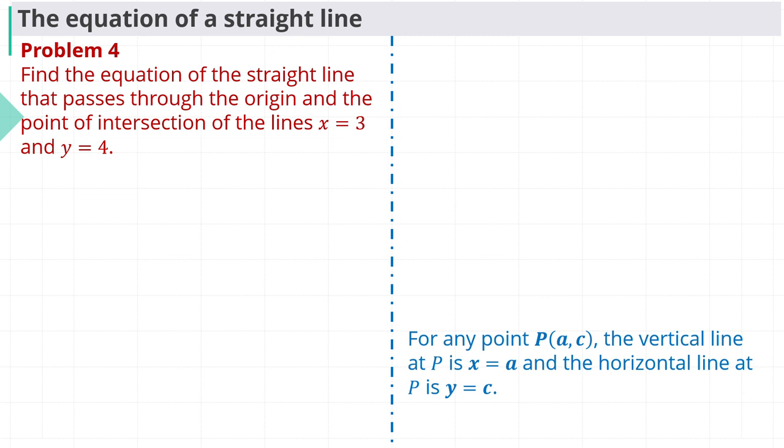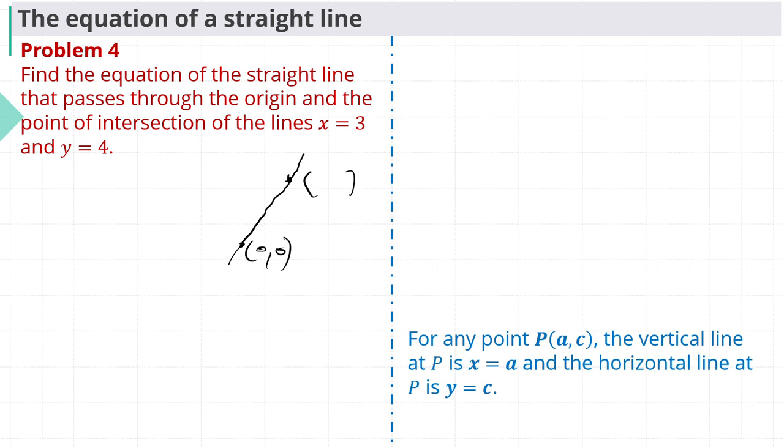And next problem: find the equation of the straight line that passes through the origin and the point of intersection of the lines x equals 3 and y equals 4. Now the origin is the point (0, 0). The line passes through the origin (0, 0) and also through the second point.